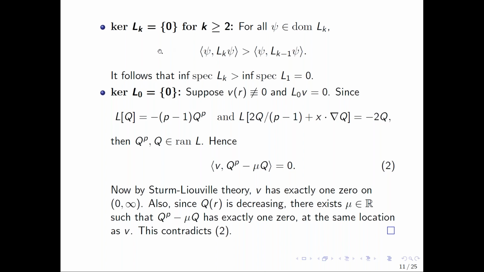So the fact that the kernel is 0 for all k bigger than 2 follows from this identity, which is obvious if you look at the definition of Lk. It just says that Lk is a bigger operator than Lk minus 1. And so the quadratic form associated with Lk is bigger than the quadratic form associated with Lk minus 1.